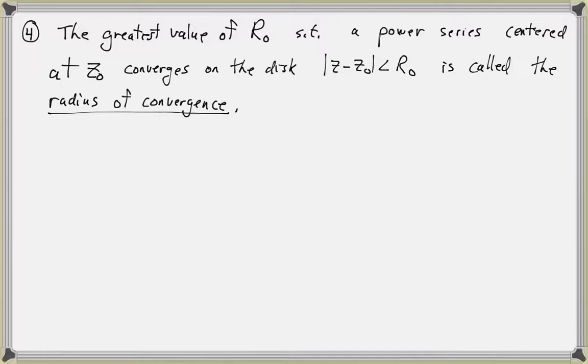Now let's give the proof of Taylor's theorem. The proof of Taylor's theorem is actually a pretty nice application of the Cauchy integral formula. We're going to assume that f is analytic in the disk absolute value of z minus z0 less than capital R0.